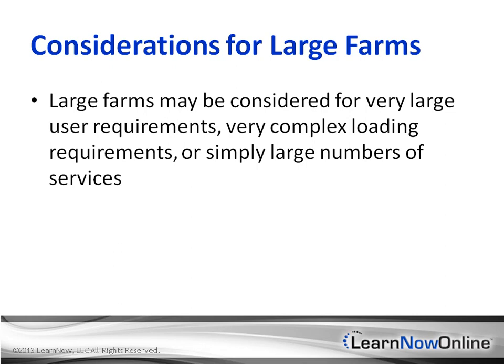A common example of this is a large farm with maybe a publication farm sitting in there with all of the content for the enterprise, be it corporate communications, be it metrics, be it whatever, breaking off of that into a projects farm where each project has its own site in a project site collection, or maybe multiple site collections that handle just those specific types of things.